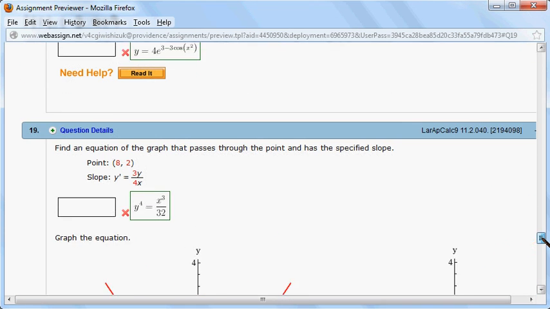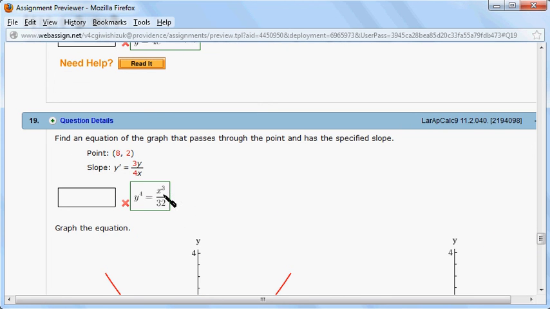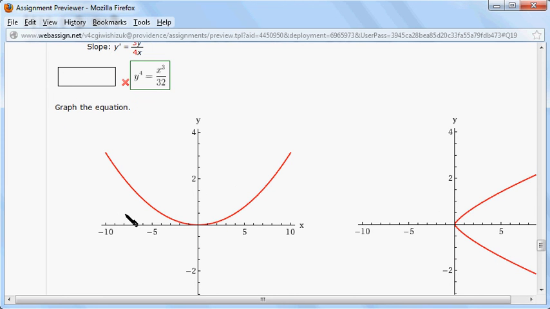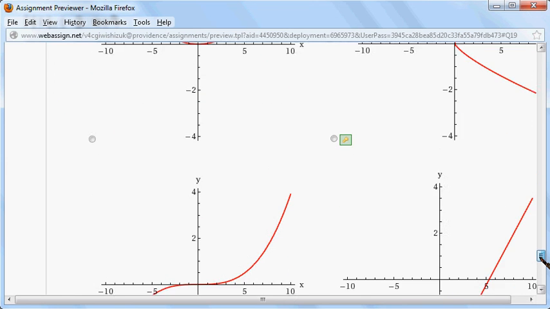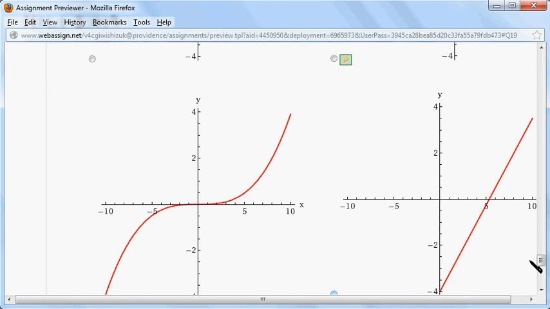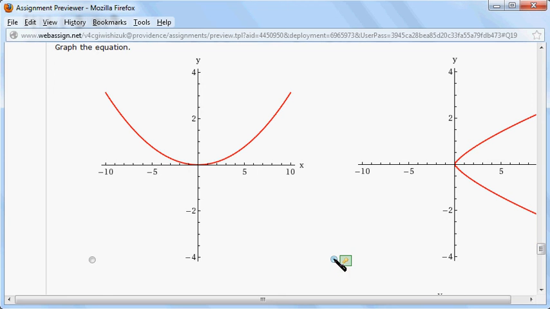Another thing we notice is that y to the 4th is always positive, which means that the x value is always positive. So you would have a graph only on the right side of the y-axis. This one has a graph on the left side, so this can't be it. This one is promising, going through the origin with the graph on the right side of the y-axis. This can't be it, so we eliminated everything but this one, so the answer should be that one.